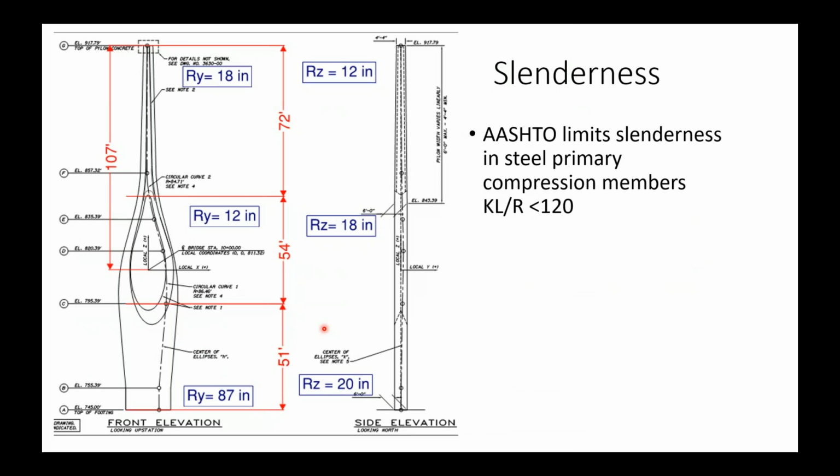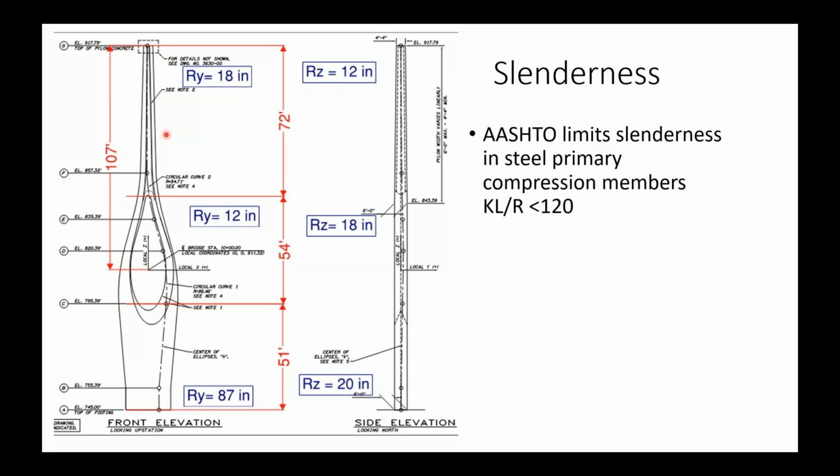Now a little bit about the pylon. The pylon itself is also a fairly slender member. As you can see in the plan and profile there, it's made up of some pretty slender elements. And to try to get some guidance on how slender we can make this, we look at ASCE. ASCE limits the slenderness of steel primary compression members to a KL/r ratio of less than 120.